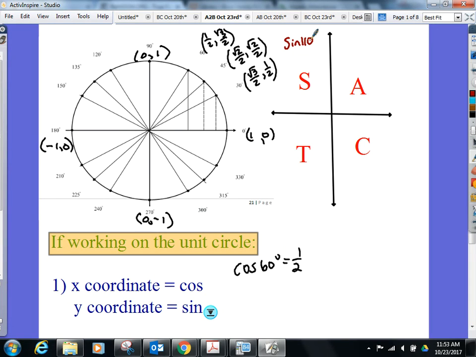What's that S stand for in the second quadrant? Anybody remember from Friday? Everything is positive in the first. The S stands for sine. The T for?